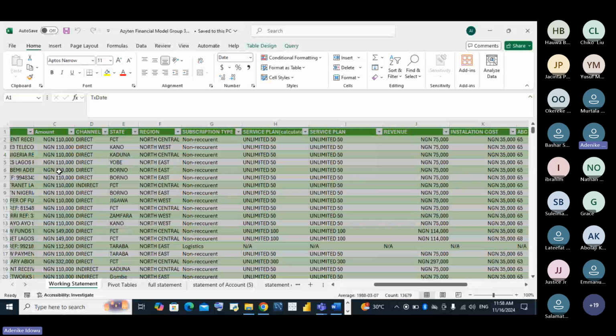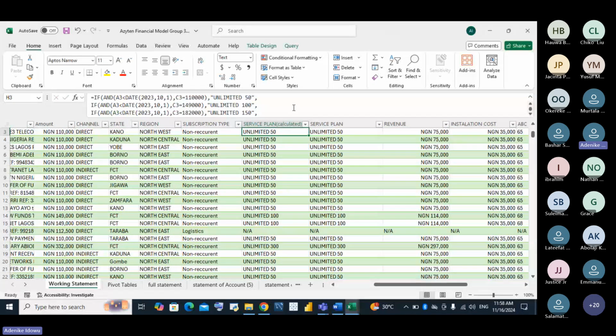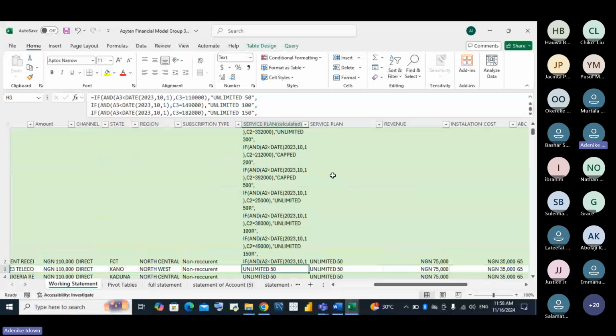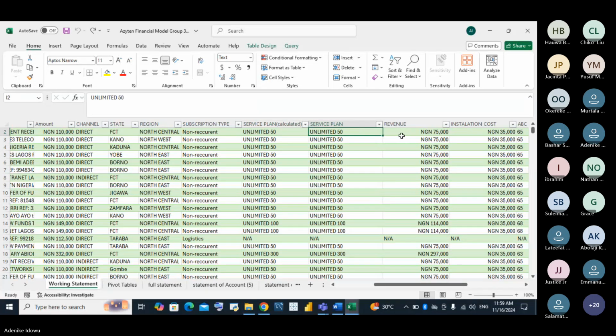We left this here so that you can see how we got the service plan calculated. This is the formula we use. So we did copy and paste as values to this service plan account. So we got the revenue.